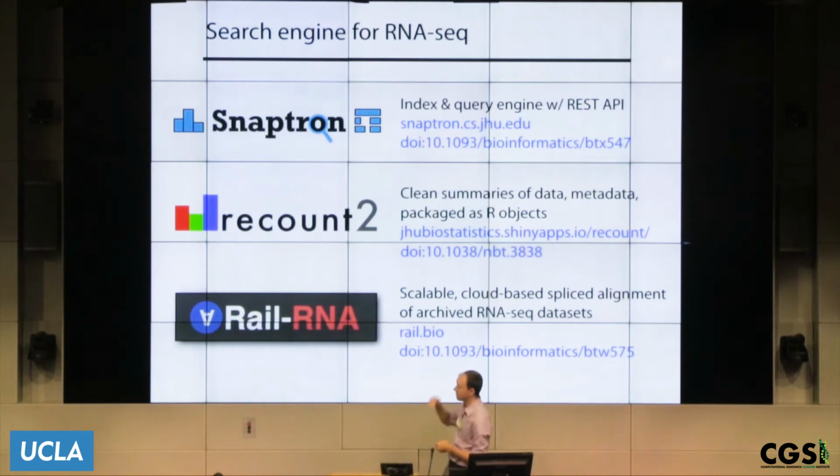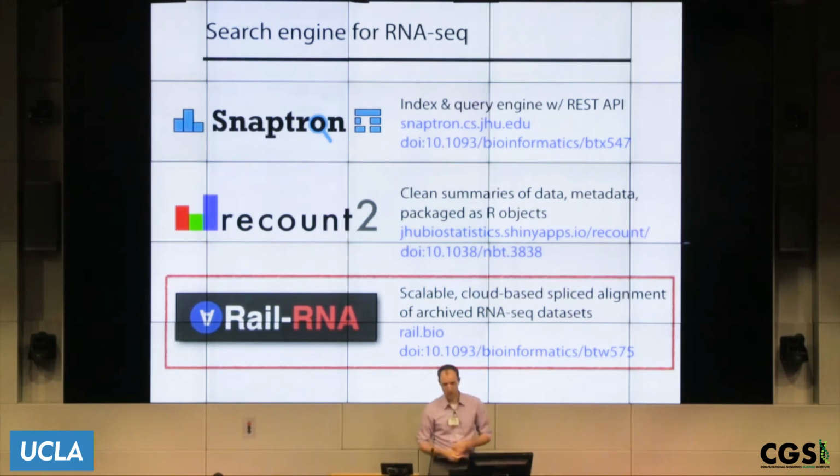I'm going to take these one layer at a time, and show you how the data that they generate can be used to answer a question. I'm going to get started by showing how data that comes from this tool called Rail-RNA, which is a spliced aligner, and I'll explain that in a moment, you can start to mine the data from that sort of tool to ask and answer questions about splicing.